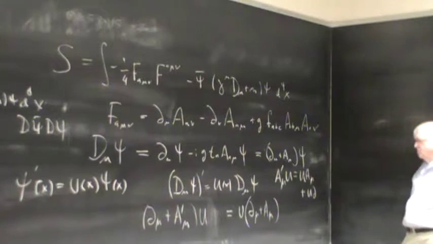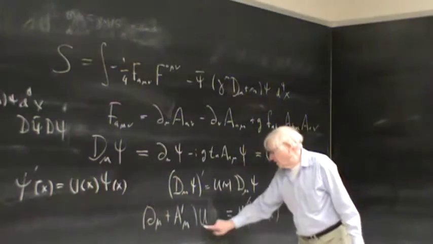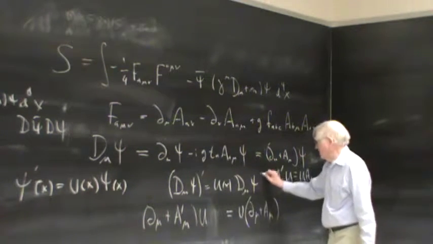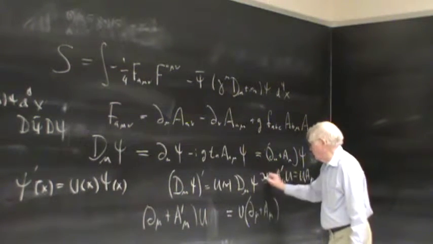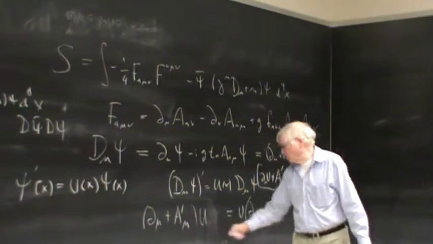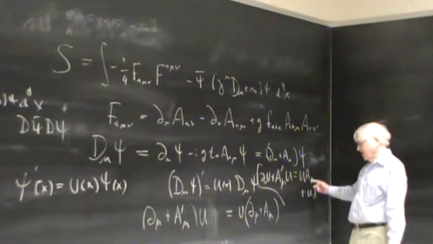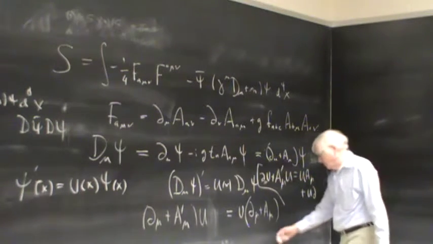Wait a minute, I need a d mu somewhere. It was a d mu u here. So d mu u, the left-hand side of that is d mu u plus a prime u is u a mu.